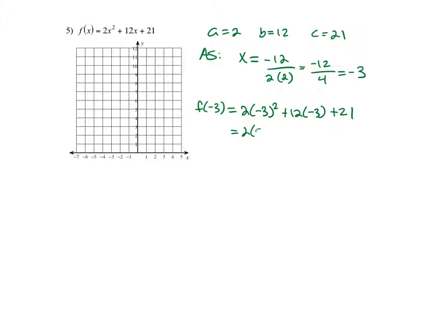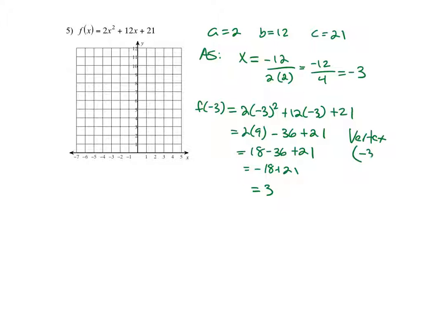So 2 times 9 minus 36 plus 21. 18 minus 36 plus 21, -18 plus 21. This equals 3. So my vertex is the point -3, 3. So -3 is this point right here. My graph is going to open upwards because a is positive.